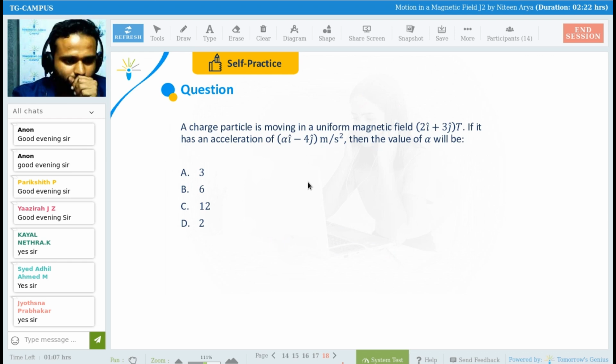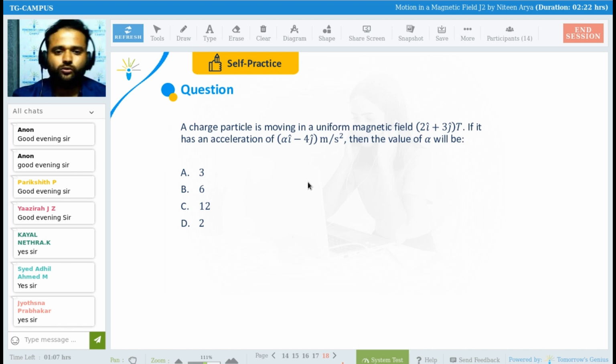Moving ahead, this one is a simple one again. Self-practice. A charged particle is moving in a uniform magnetic field. If it has an acceleration of this, then find the value of alpha. You need to find the value of alpha.